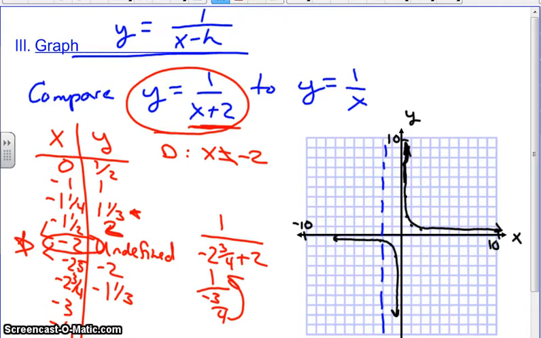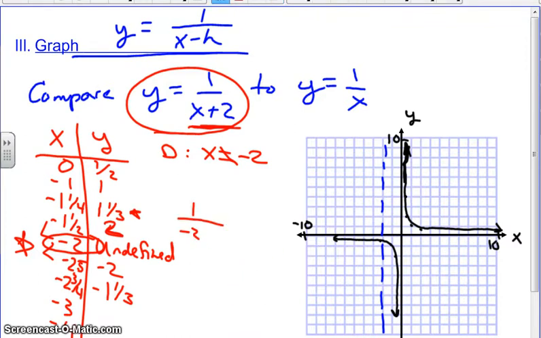The opposite, because they're both the same distance away from that undefined value. Okay, so let's try negative 3. Plugging in negative 3. 1 over negative 3 plus 2 equals 1 over negative 1, which is negative 1. Plugging in negative 4. You end up with negative 1/2. Good.